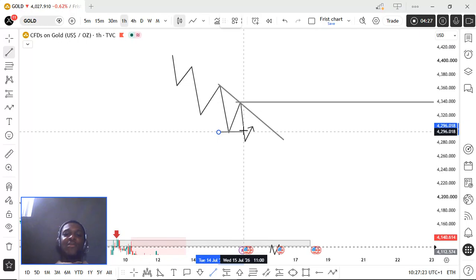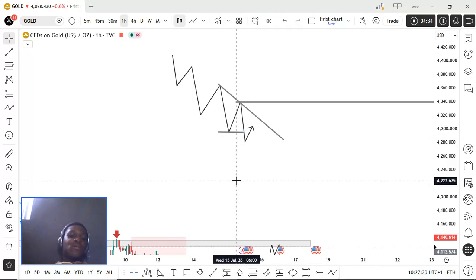Gold is not complicated. Even when you are looking at the fundamentals of gold, it's not that complicated. The thing I like with gold is that the intermarket analysis with other currency pairs is not that strong. So gold kind of moves on its own with its own fundamentals. Gold moves when there's fear and when yields are low, that's when you see gold going up. That would be a good bull run.